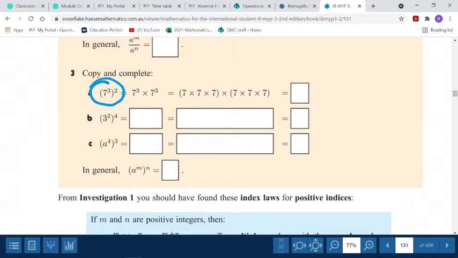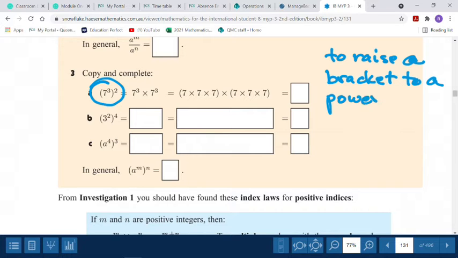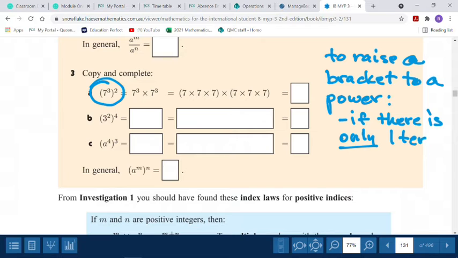Okay, so here's the rule. To raise a bracket to a power. Power is just another word for an exponent, right? Or an index. Now, if there is only one term inside, that's the key.